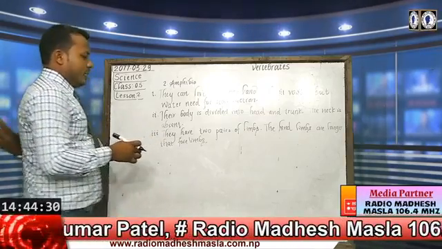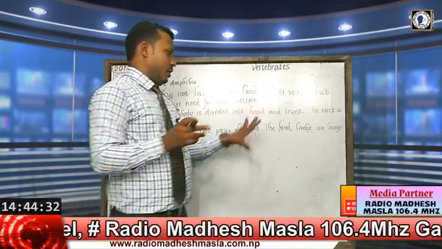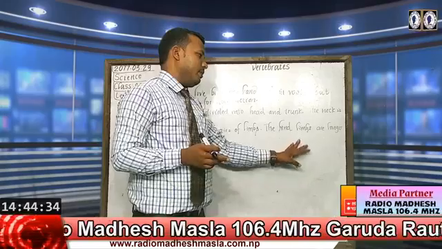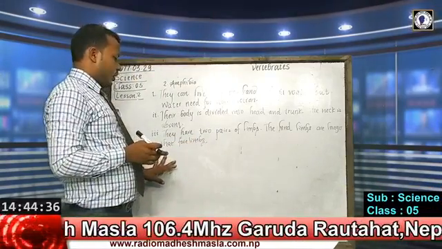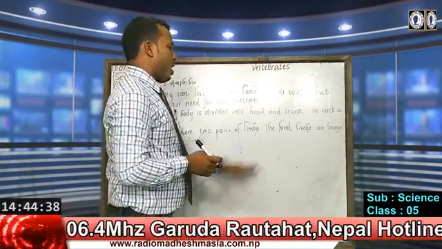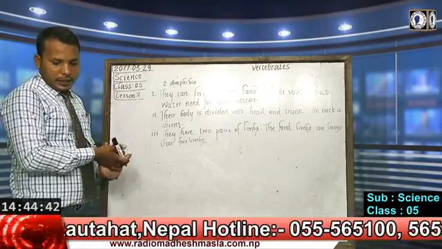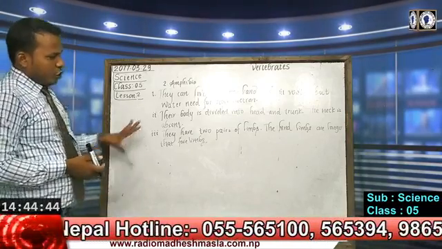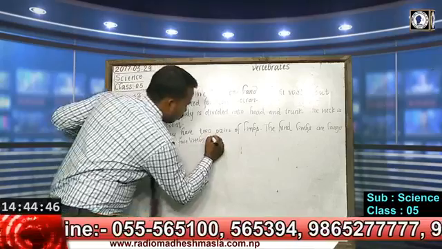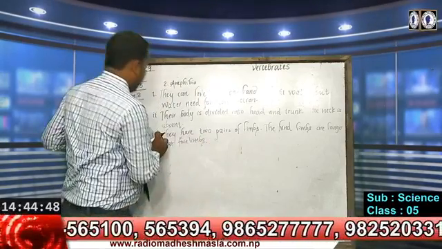Number 3, they have 2 pairs of limbs, hind limbs and forelimbs. The hind limbs are longer than the forelimbs, so amphibians can jump easily.